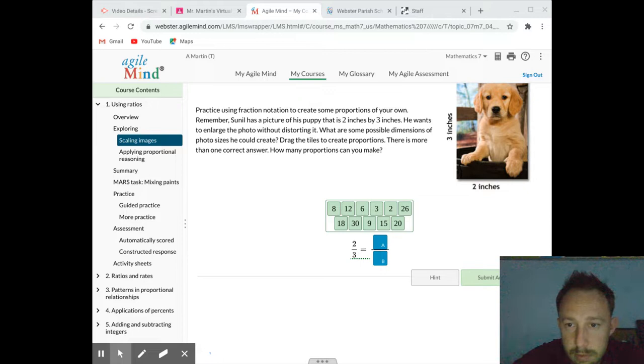What are some possible dimensions of photo size he could create? Drag the tiles to create proportions. There is more than one correct answer. How many proportions can he make? Great job.